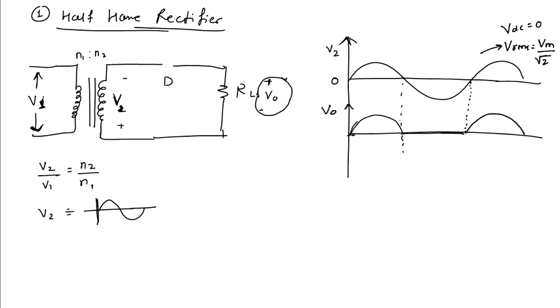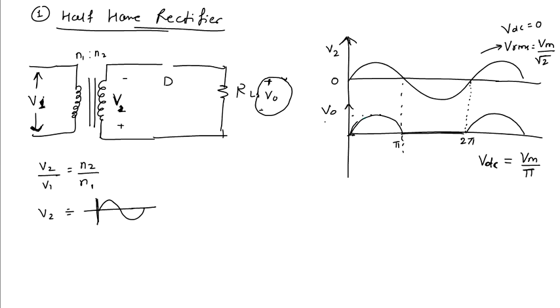For this output voltage waveform, the DC value is non-zero, and using the equation for DC calculation, we get this DC value VDC equal to Vm upon pi. This is the 2 pi angle, this is pi angle, and this value is Vm by pi.